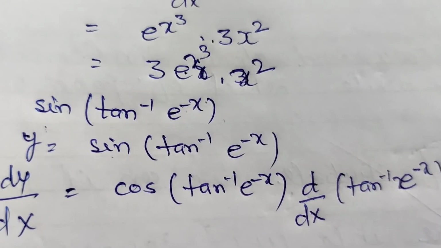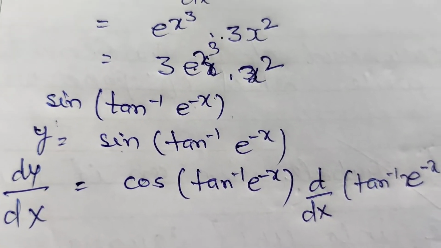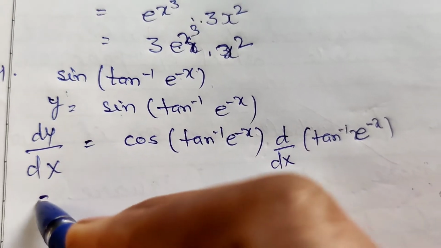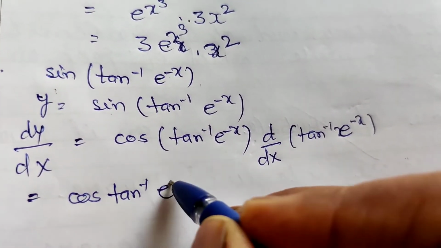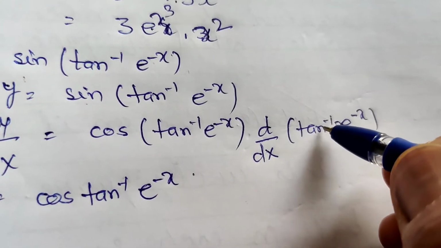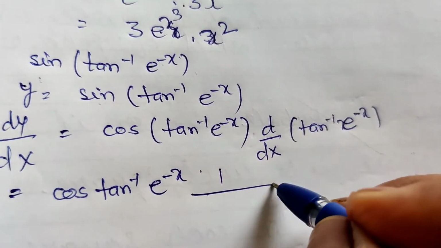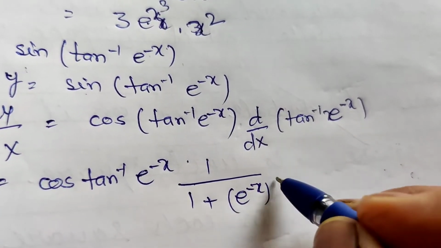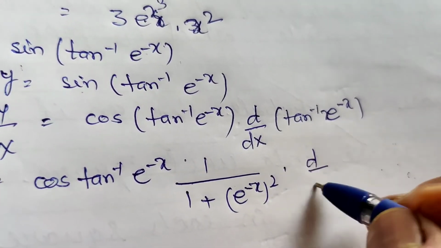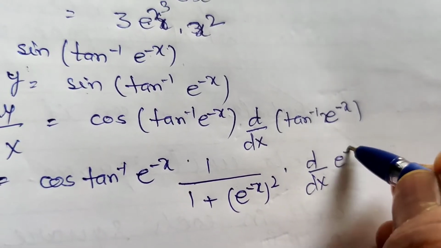Now second, again cos tan inverse e raised to power minus x, differentiation of tan inverse is 1 upon 1 plus e raised to power minus x whole square, and d over dx of e raised to power minus x.